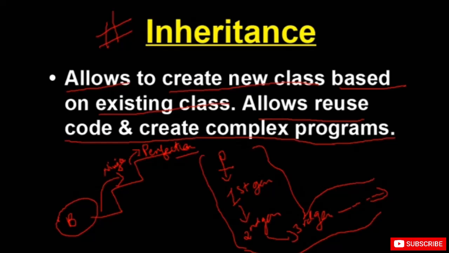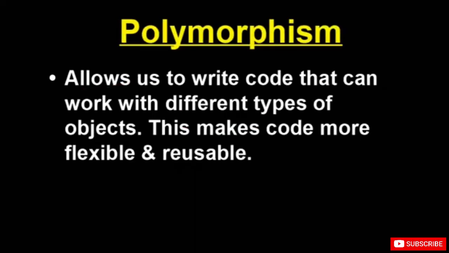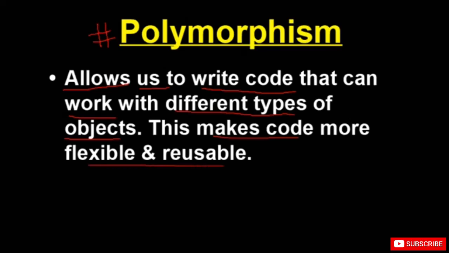Okay, what is polymorphism? It allows us to write code that can work with different types of objects. This makes code more flexible and usable. Well, the word poly, if you are familiar with mathematics, is used for many, like polynomial.